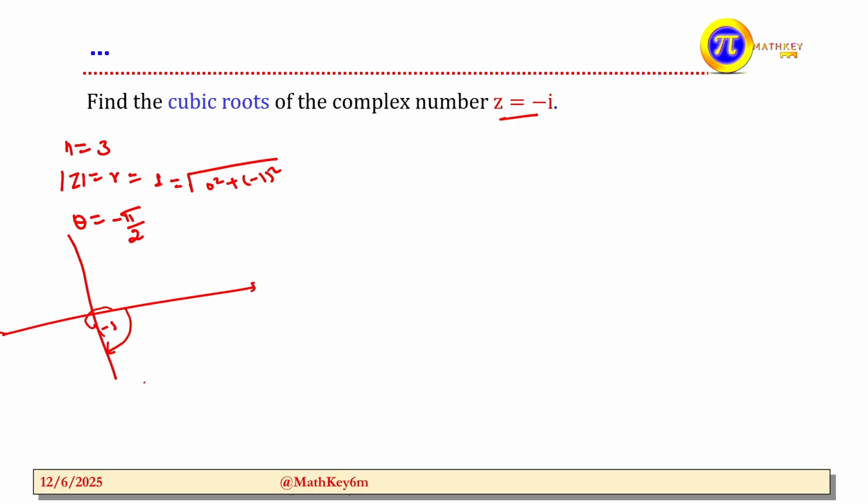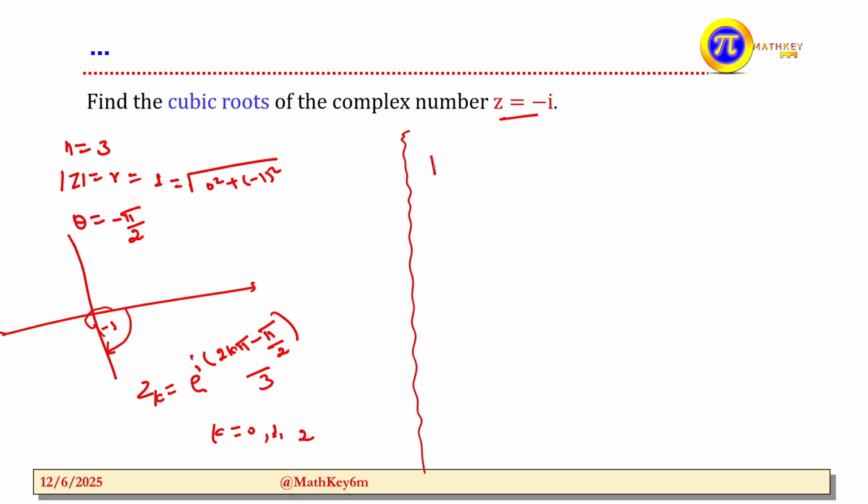After obtaining this, our cube root z_k equals the cube root of 1, that is 1. So it becomes e to the power of i times (2k pi minus pi over 2) over 3, since it is a cube root. And k runs over 0, 1 and 2.